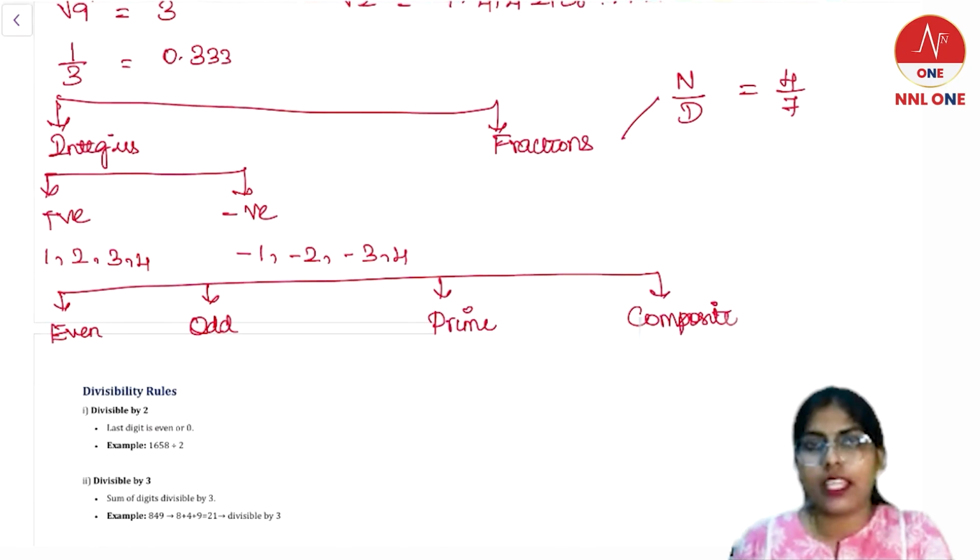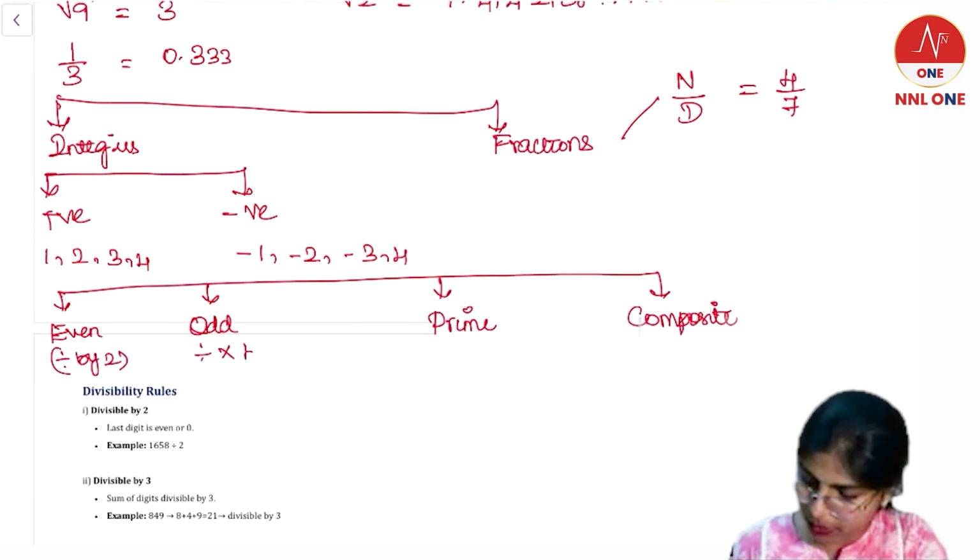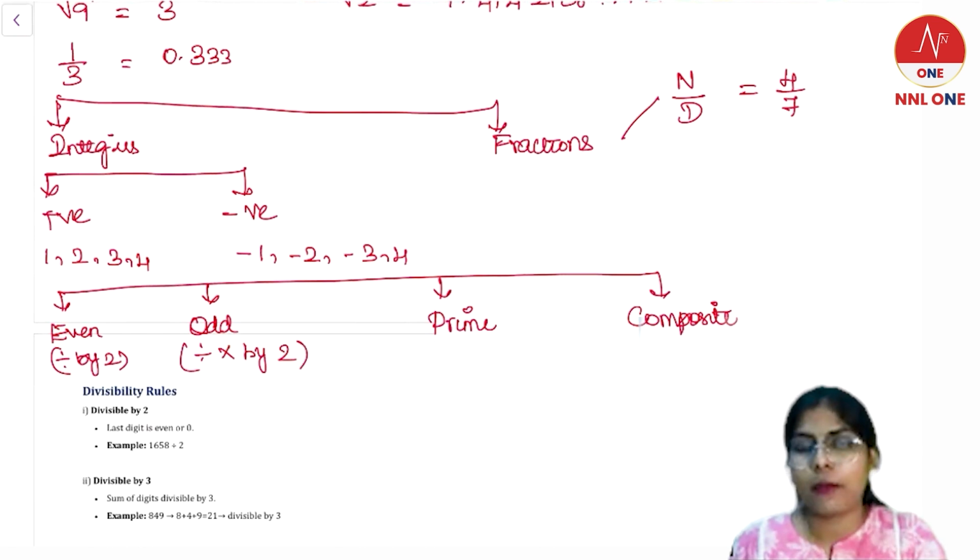Even numbers are numbers which are divisible by 2. Odd numbers are not divisible by 2. Prime numbers are numbers which have only two factors, whereas composite numbers have more than two factors.